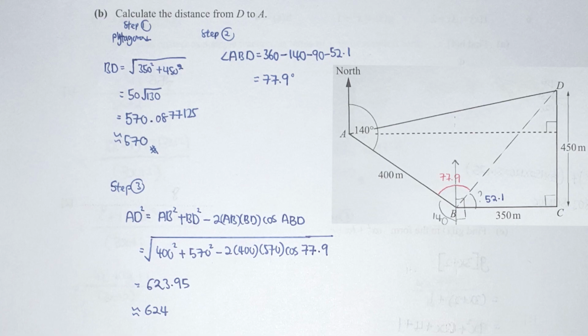So it will be 77.9, and to calculate the distance of D to A, you can now utilize the cosine rule. A little bit tricky, that's why they leave us a lot of space for you to write down all the details. So this is how I identified the distance of D to A. You can use any other equivalent methods that you wanted. They didn't specify that you must follow this way to secure the full marks.